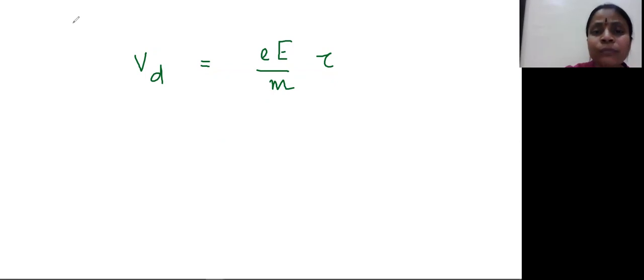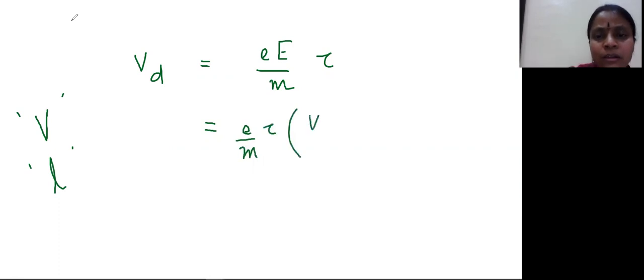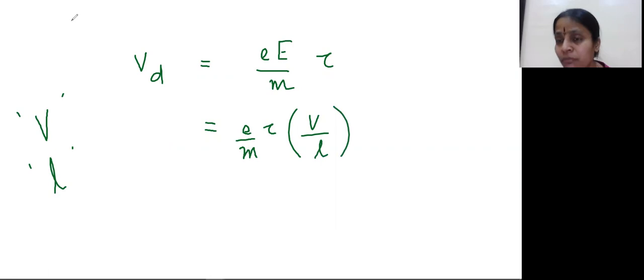Now let us assume that this electric field produces a potential difference of V across the length L of a conductor. Then what can I say about E? E is nothing but, again, if I consider only the magnitude, capital V by L, because E is equal to minus dV by dr in vector notation.